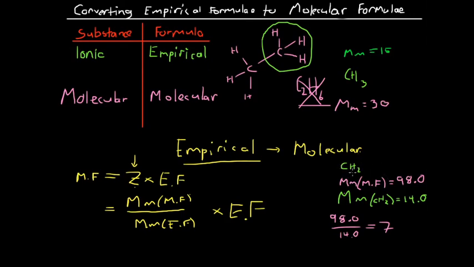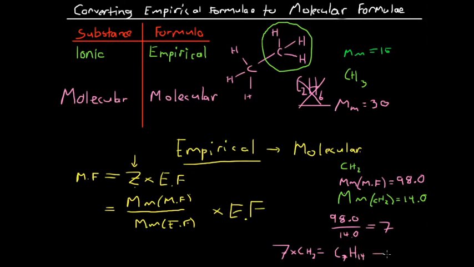And so for that reason, we know that the molecular formula is going to be 7 times CH2, which is going to equal C7H14. So that is our final answer.